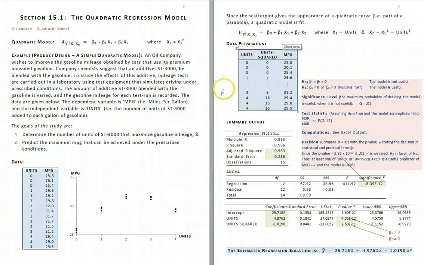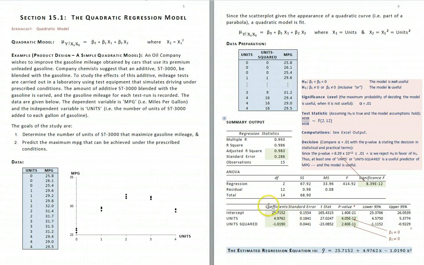When the quadratic model is fit, we obtain an adjusted R squared of 98%, a residual standard deviation of 0.3 of a mile per gallon, a model that tests as overall useful, with both the units of additive per gallon and units of additive squared per gallon terms also testing as useful.